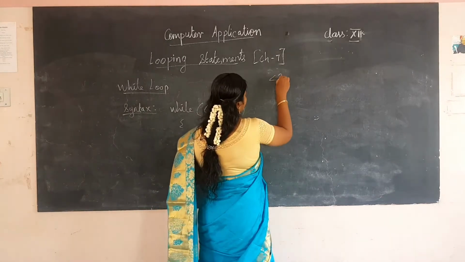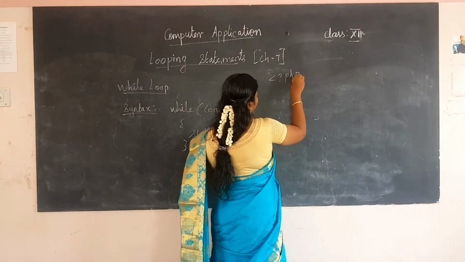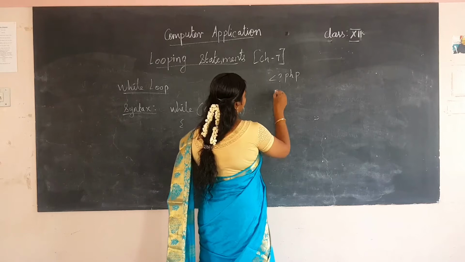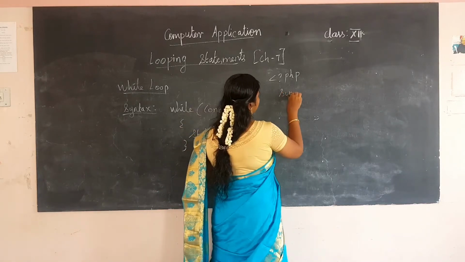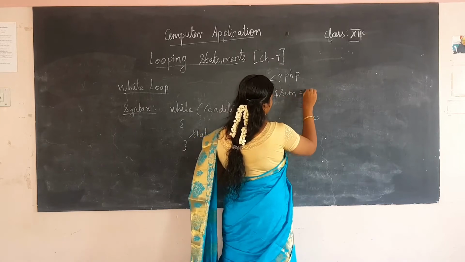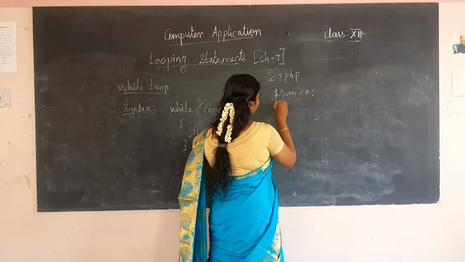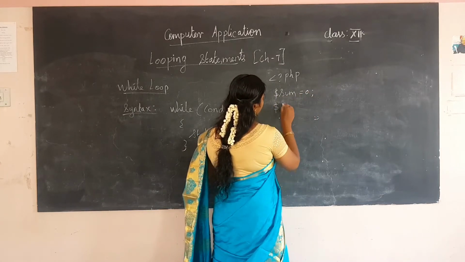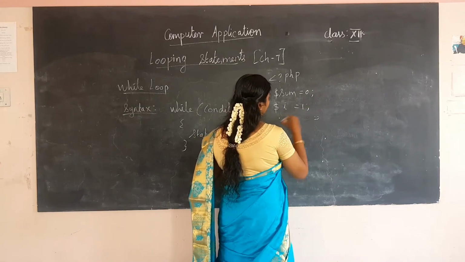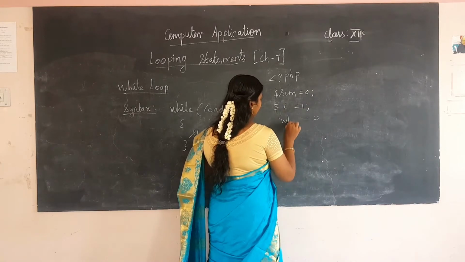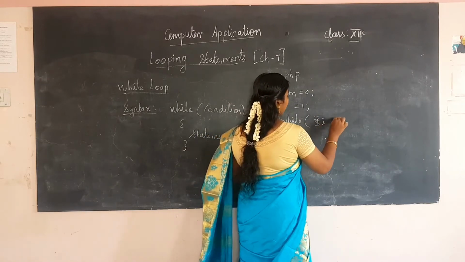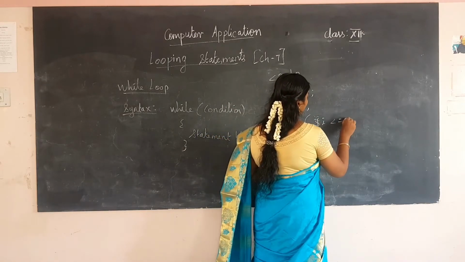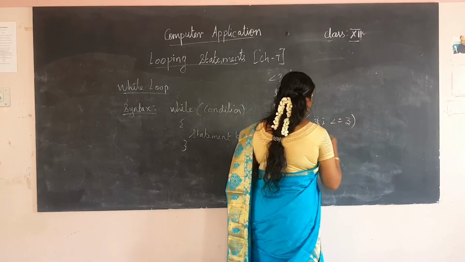So let us have an example program, a PHP program. $sum is equal to 0, and then $I is equal to 1. Then while $I less than or equal to 3.